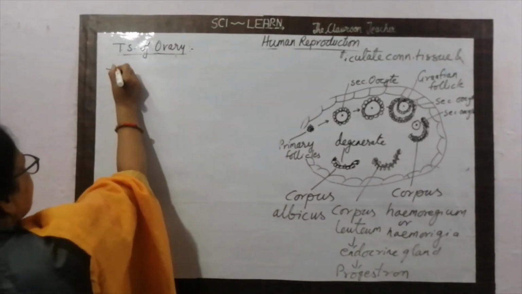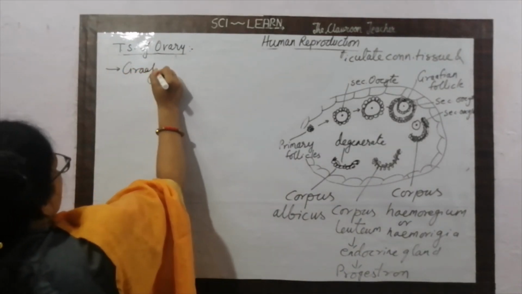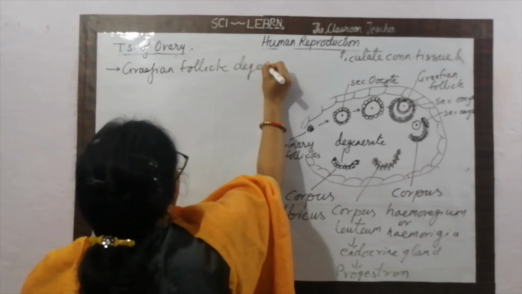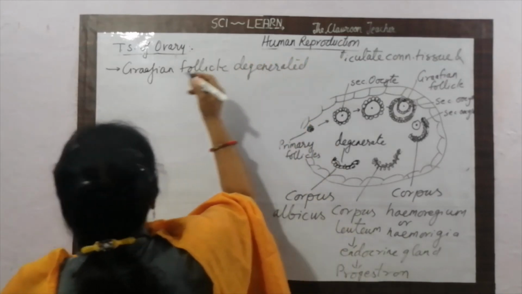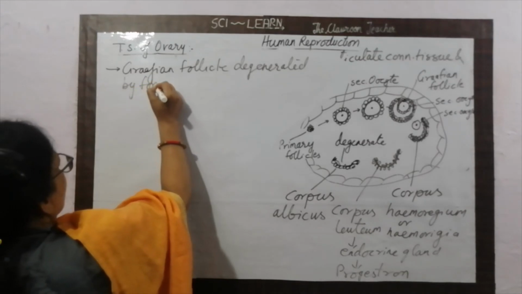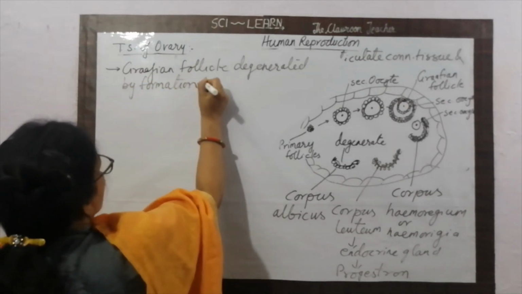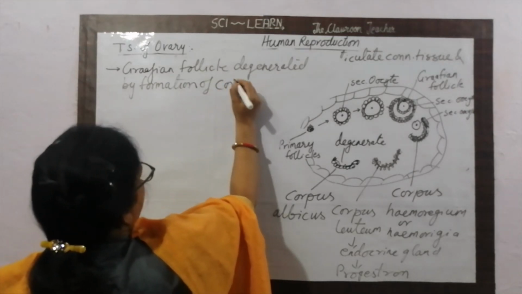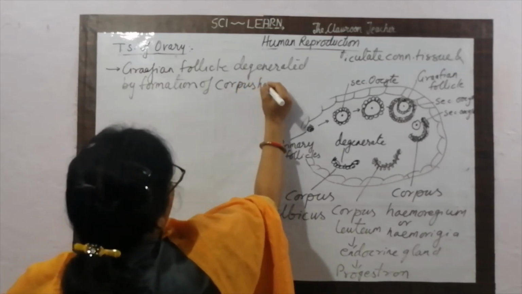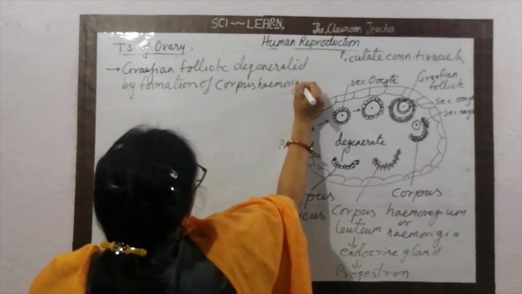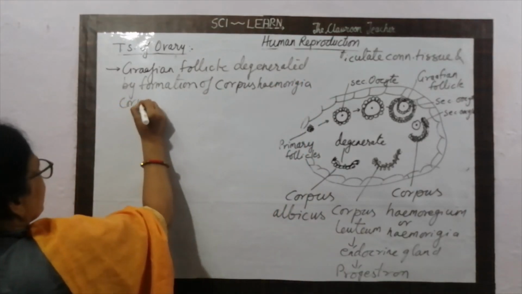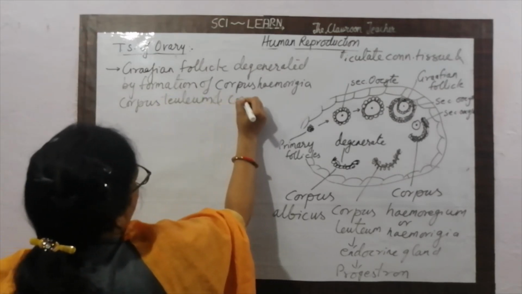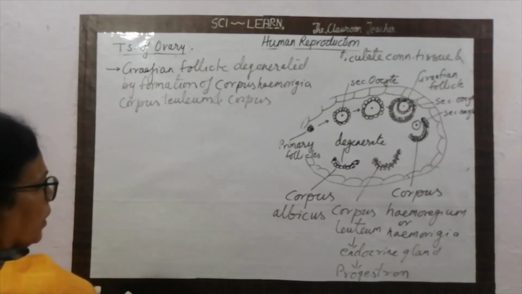So what happened here next? The Graafian follicle is degenerated by formation of three parts: the corpus hemorrhagicum, then the corpus luteum, and last is the corpus albicans.